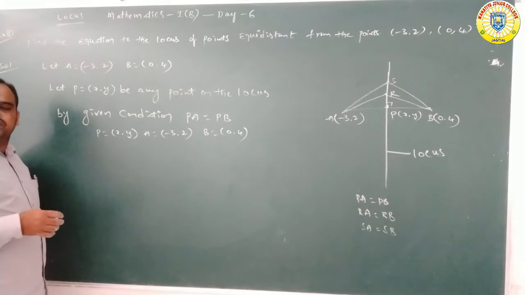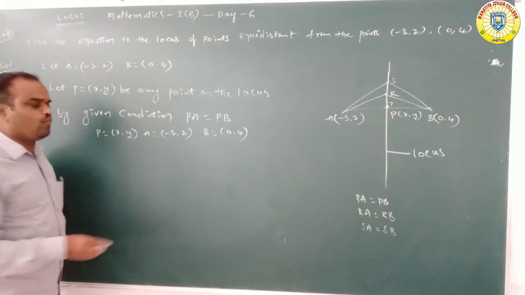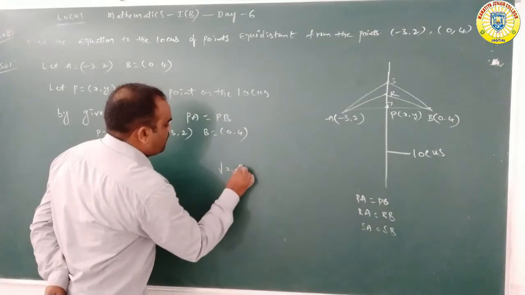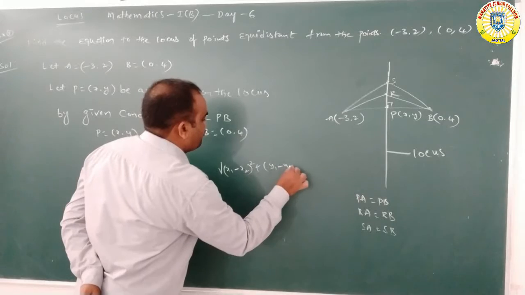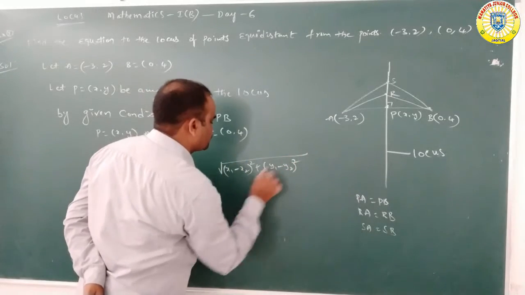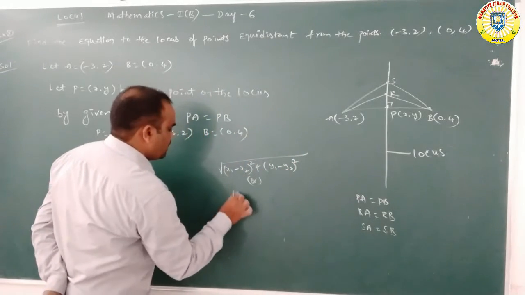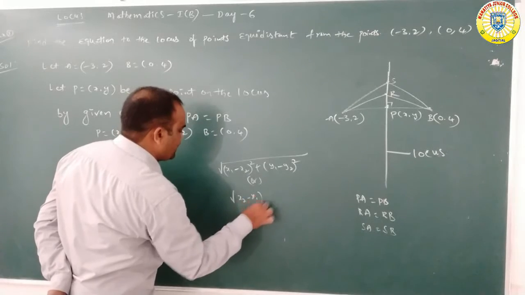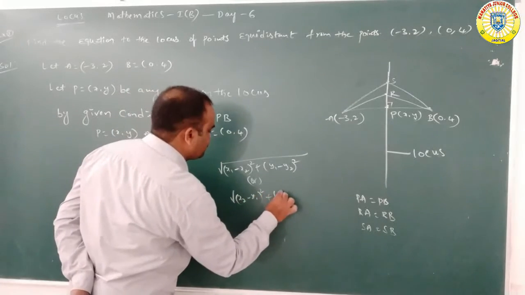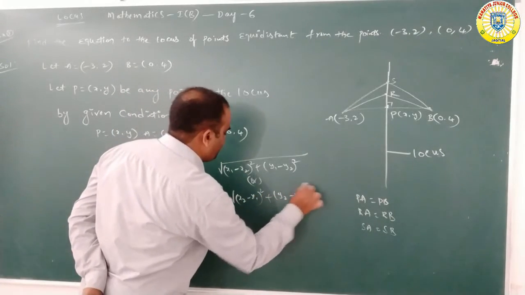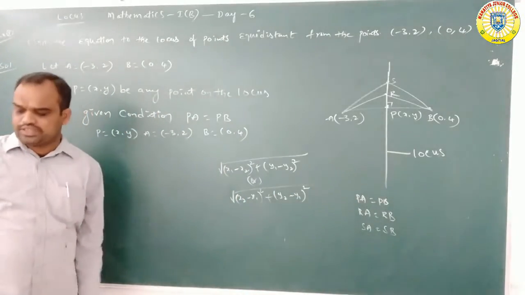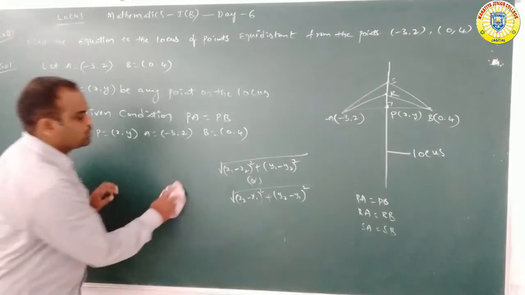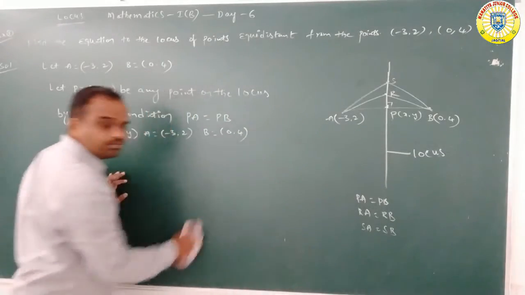There are 2 formulas: under root of x1 minus x2 whole square plus y1 minus y2 whole square, otherwise under root of x2 minus x1 whole square plus y2 minus y1 whole square. Both give the same answer, so we can choose any form.